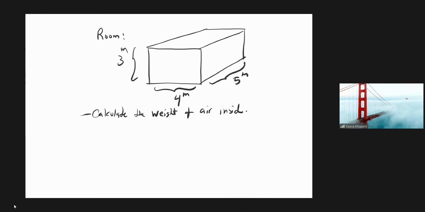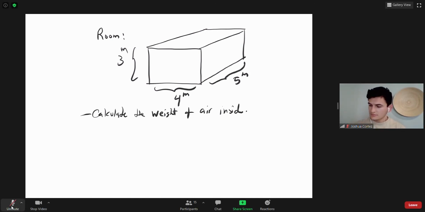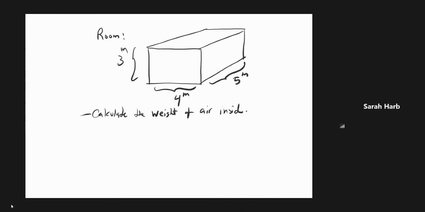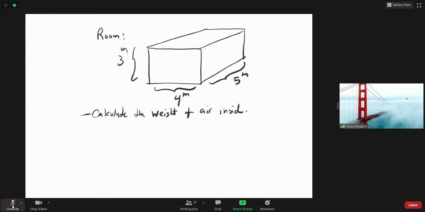How do I calculate the weight of the air inside this room? Well, how do you calculate the weight of anything? You need the volume. Okay, well, sure, but how do you calculate the weight of anything first? If I give you an object and I say, what is the weight of this thing, how do you calculate it? Yes, so weight is equal to mass times g.